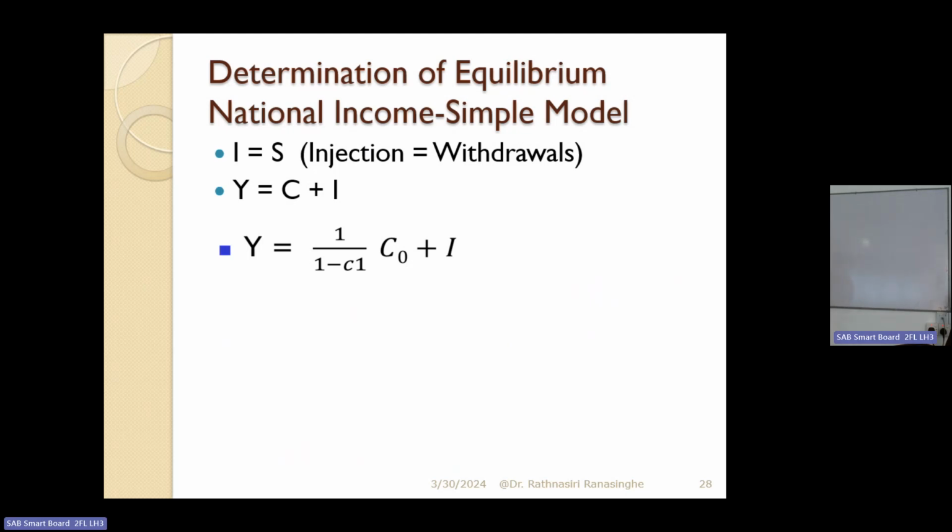Now I write it as C naught. C naught is the autonomous consumption, and C1 is the marginal propensity to consume. Apply this to our investment, an autonomous item. Now, what is the equilibrium? Y equals C plus I.